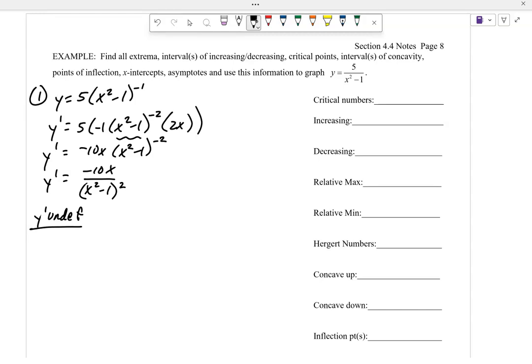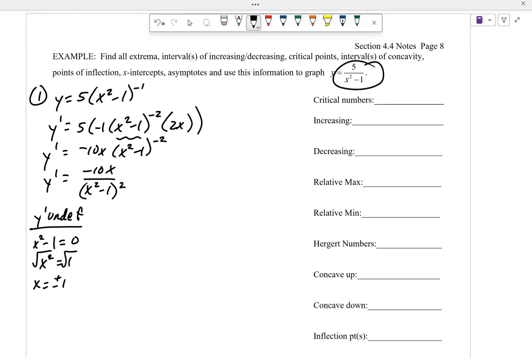Well, we can't have x squared minus 1 being 0, right? That would be problematic. Add 1, square root, so plus or minus 1 would make it undefined. Now, is it a critical point?